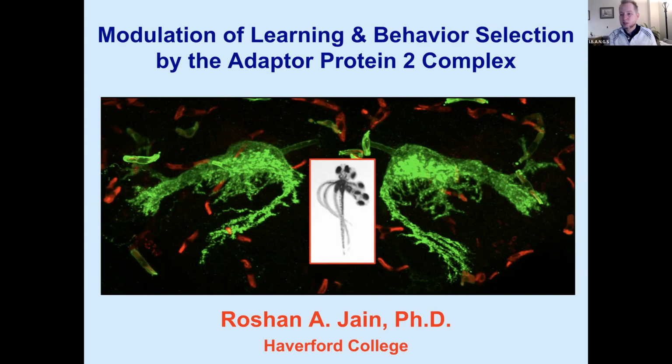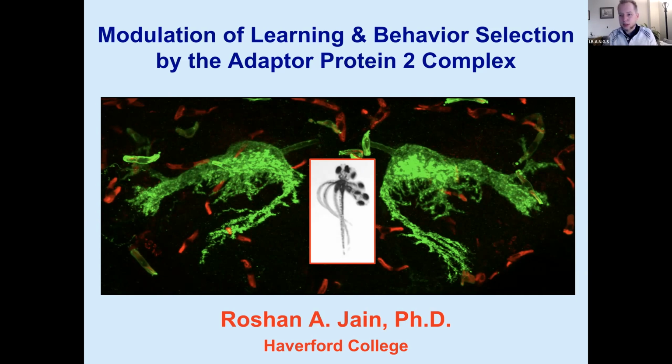After that, he went on to do a postdoc with Michael Granato at Penn, which is where, by my reading of your CV, Dr. Jain made the transition from sort of molecular genetics to behavioral genetics. And he was very productive during this time, publishing several papers looking at movement and learning phenotypes in zebrafish, using both forward genetics and single gene approaches.